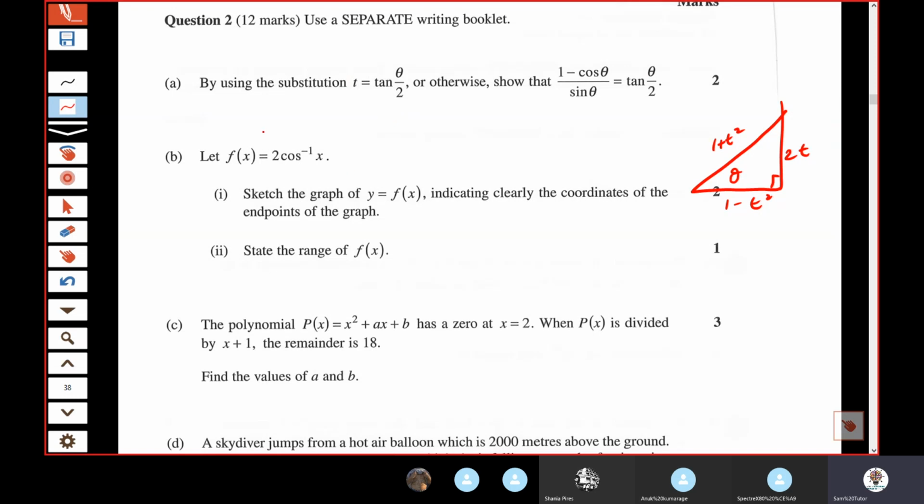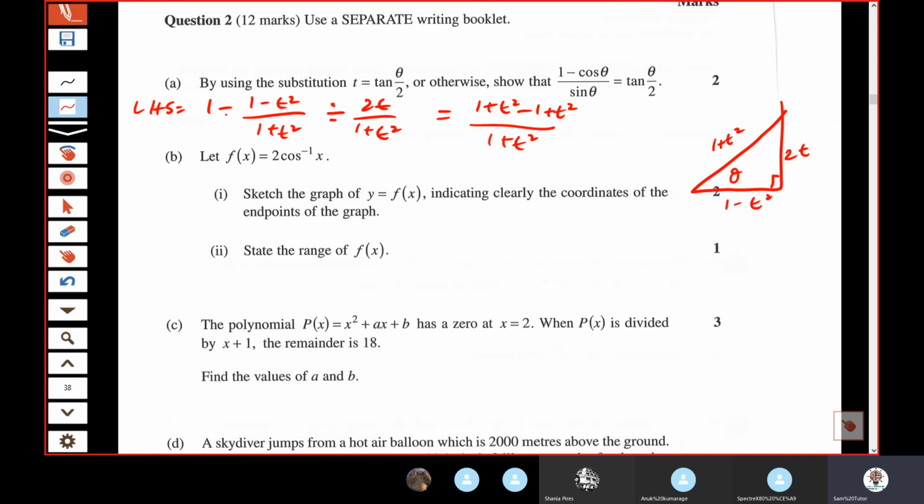Okay, time for me to start. 1 minus cos theta, adjacent over hypotenuse, divided by sine theta, opposite over hypotenuse. This would be a common denominator of 1 plus t squared. So it would look like this. 1 plus t squared minus 1 plus t squared on 1 plus t squared.